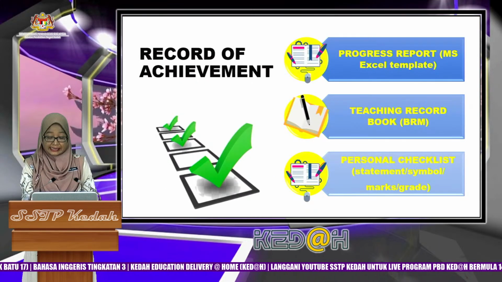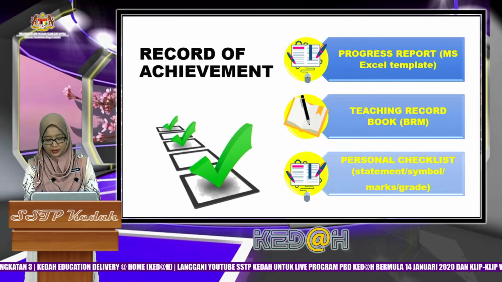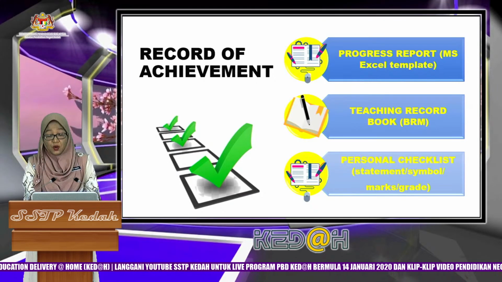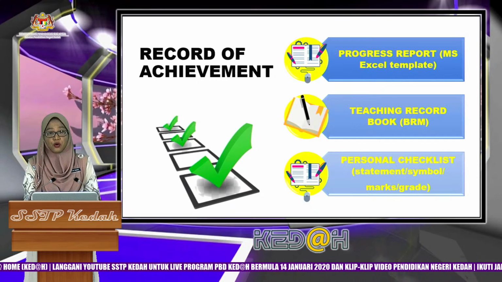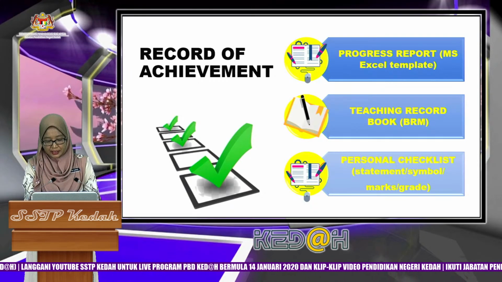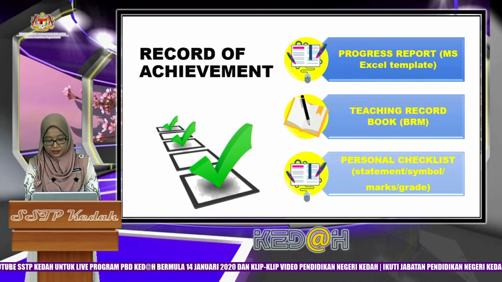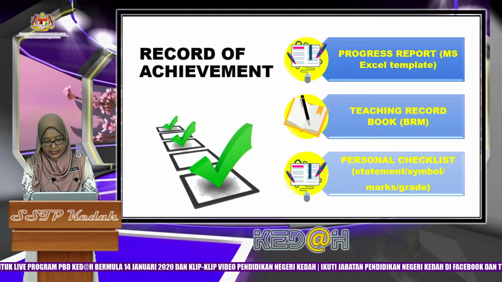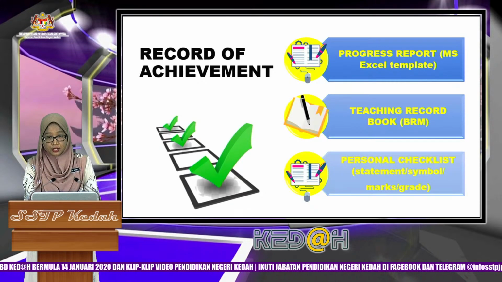Now, this is the most crucial and interesting part. How do you actually record the pupil's progress in learning? One way of doing this is through your own preferred way of keeping the track record. You may use the Microsoft Excel template to record your pupil's progress. You may want to have a name list with their progress in the teaching record book.